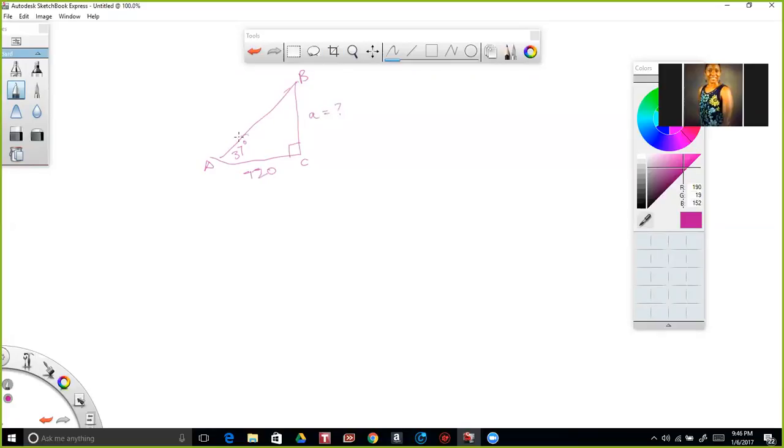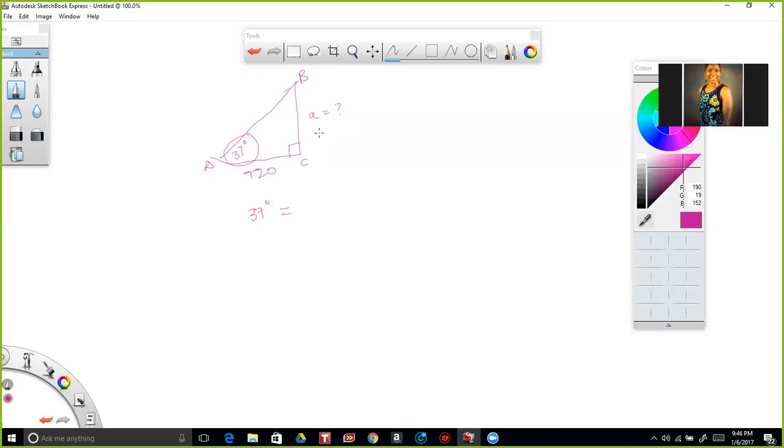So we're in relationship to here. Some trig function of 37 degrees has a relationship between A and this side here. So these two sides: this is the opposite, this is adjacent.